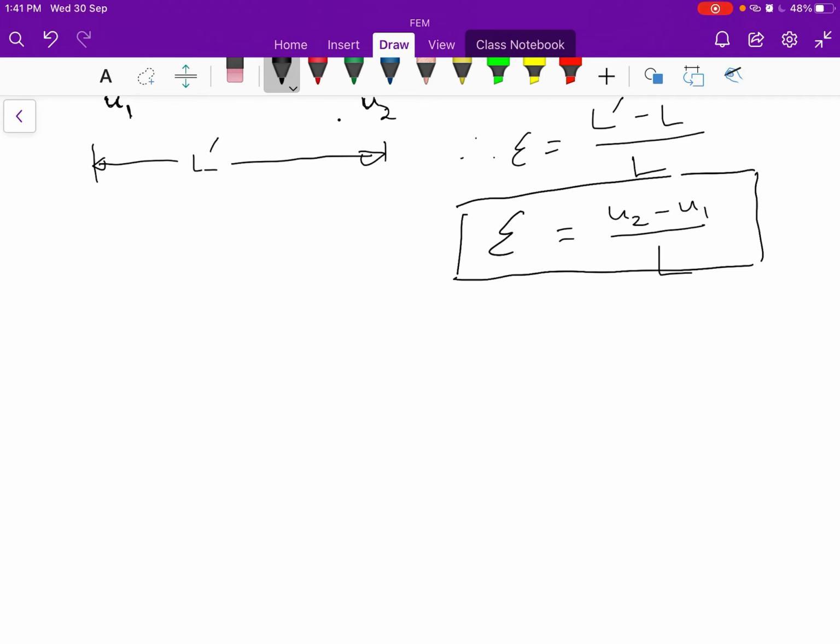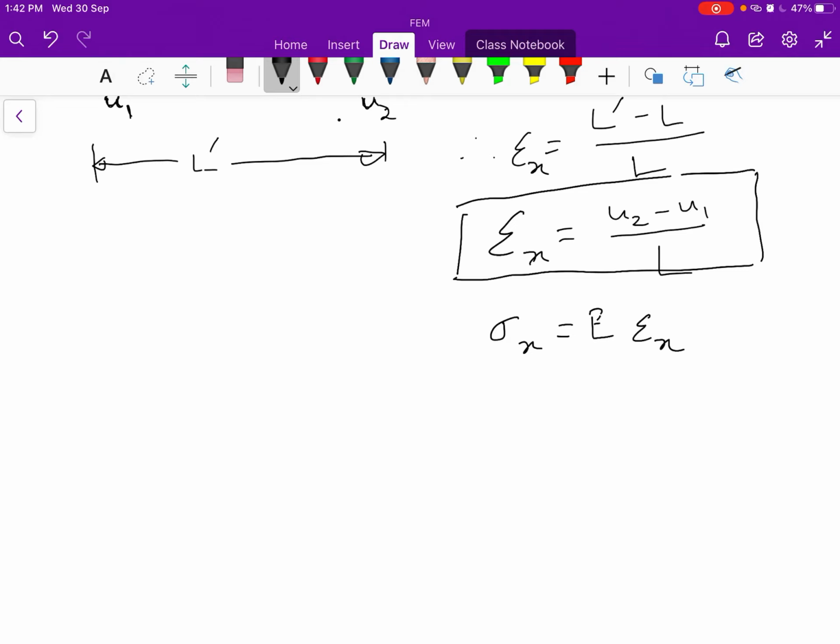Another one is the relationship between stress along x direction, because we are considering a linear case here, which is equal to Young's modulus multiplied by the strain in the x direction. Let's say that it is epsilon x, because we are considering only the cases that are happening in the x direction.